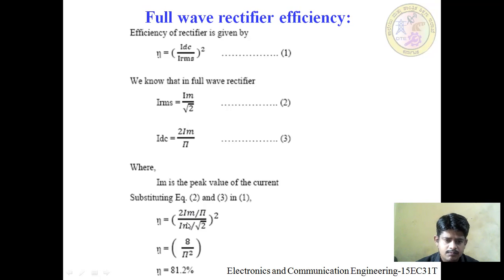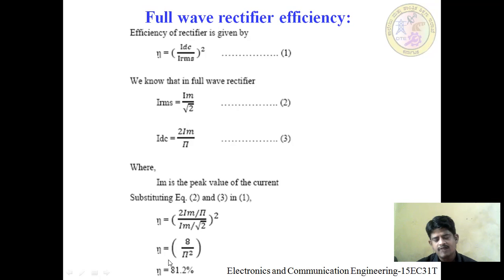Let's simplify this. Here we have Im and here it's Im, so Im gets cancelled. This pi is in the numerator, so it will come to the denominator, and this root 2 in the denominator of the denominator goes to the numerator. Now pi becomes pi square, and in the numerator it will be 2 into root 2 whole square, which simplifies to 8.